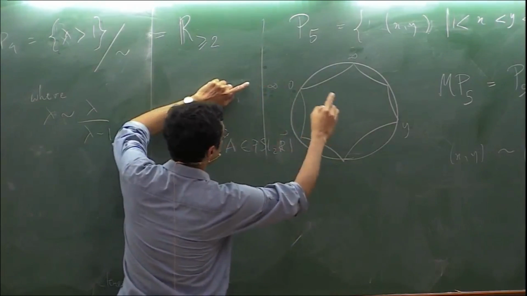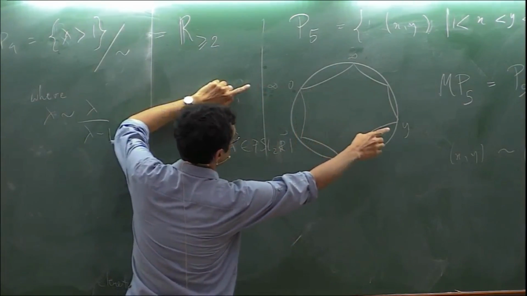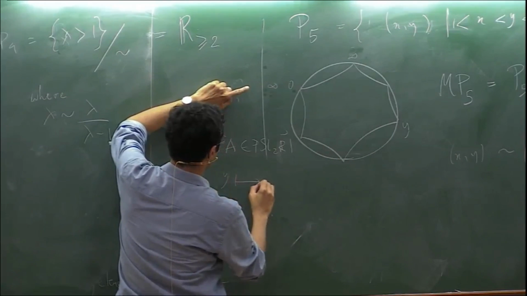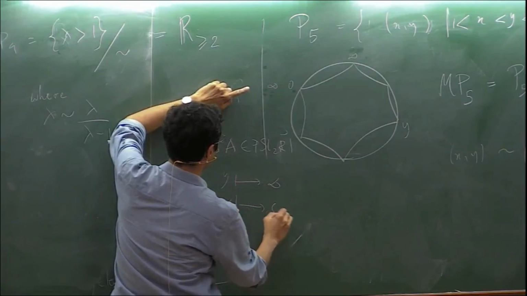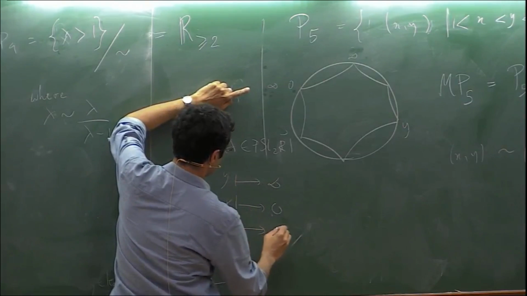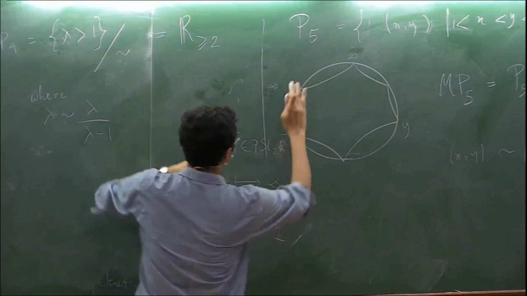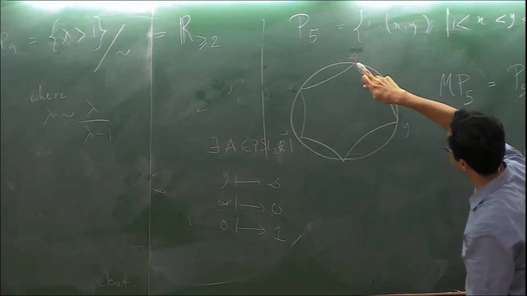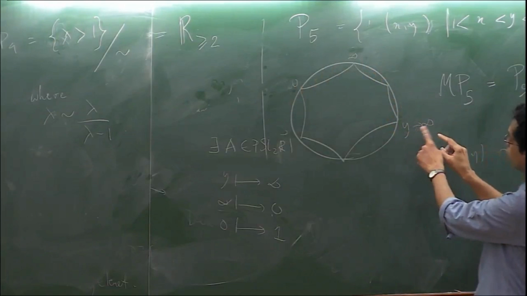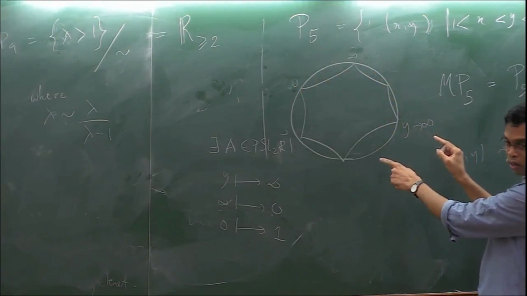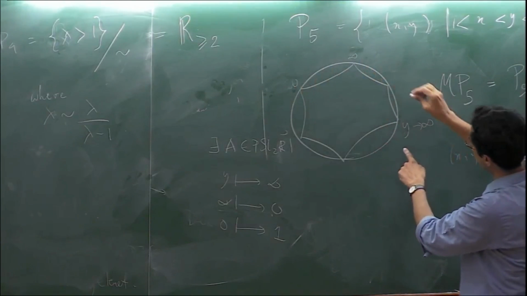So I want to send y to infinity, then infinity to 0, and 0 to 1. Okay, so instead of labeling from here, I'm starting here. So this is the new labeling. Okay, so what was y is now the new infinity.